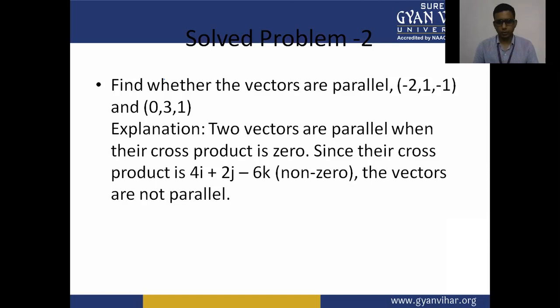So if we are going to find whether vectors are parallel, we have to take the cross product of the given vectors, then we will easily find the parallelism of the vectors.